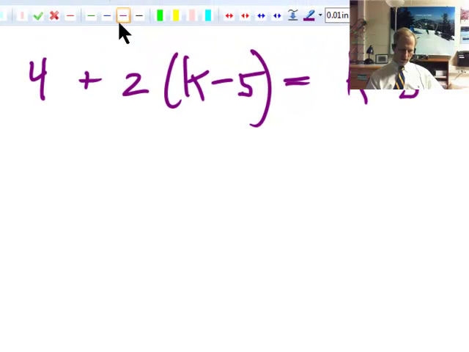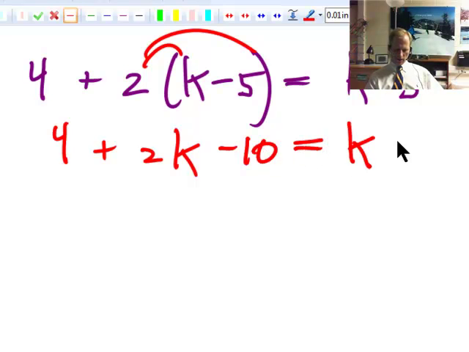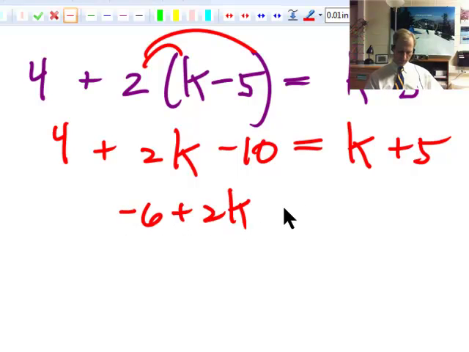Now I just have a simple linear equation to solve, which I do by distributing and then isolating the variable. So this gives me -6 plus 2k equals k plus 5.